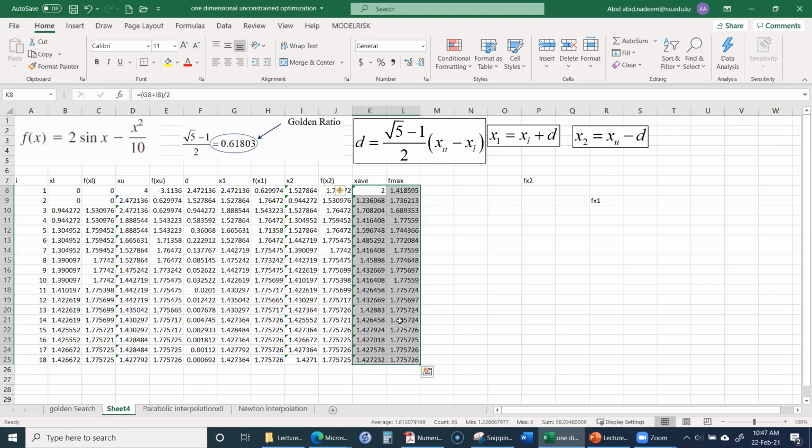And I can see that now the value of the function is 1.775, approaching that value.